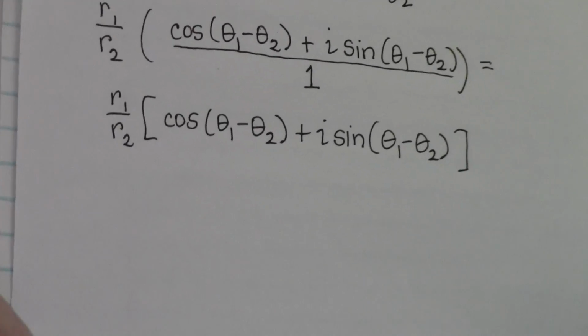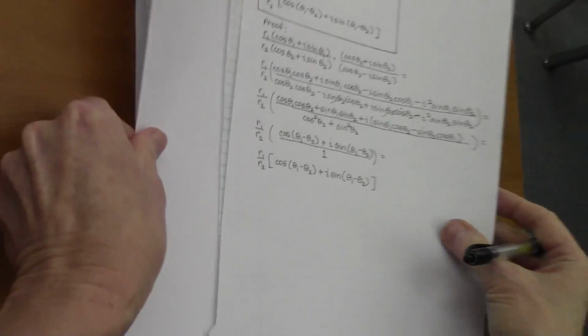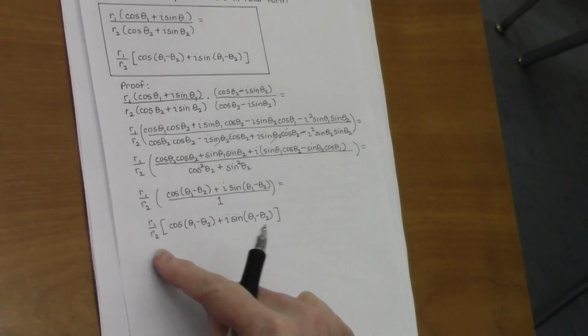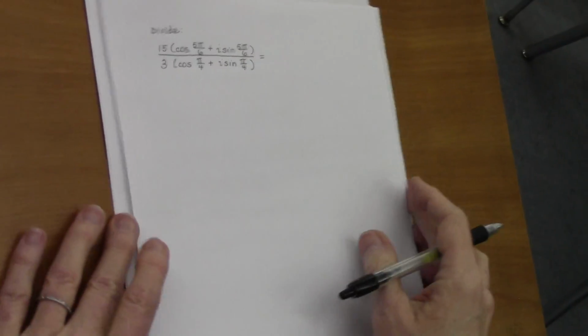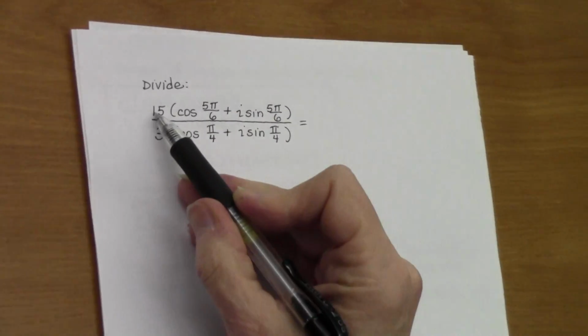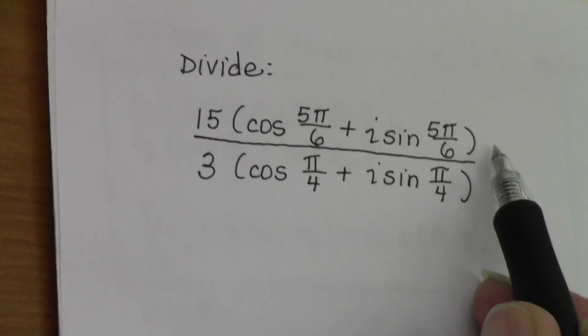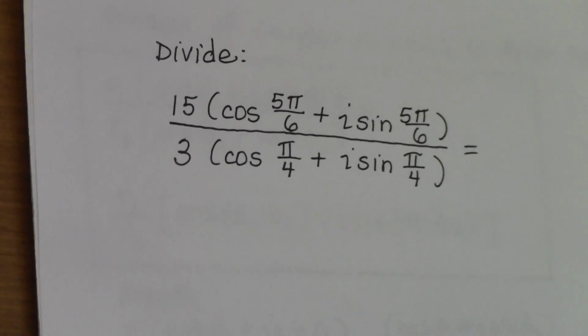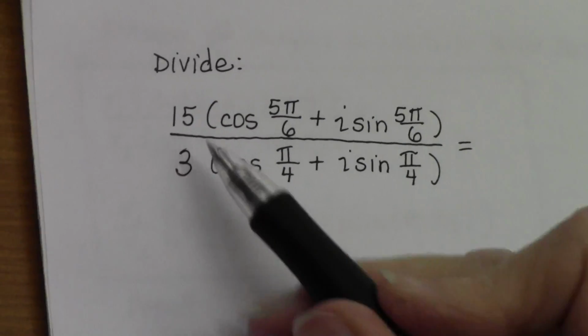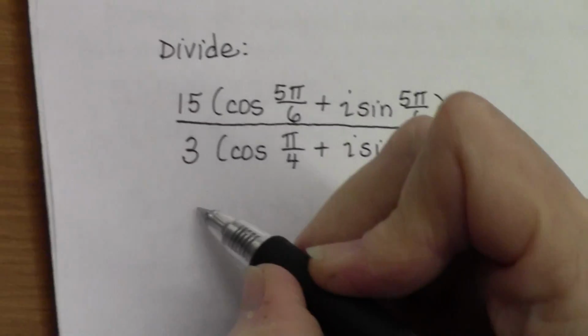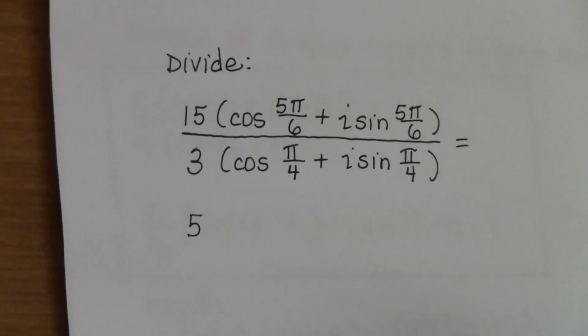So now we're going to do an example with specific numbers instead of all the general variables. And I've just picked a random complex number in polar form and another one, complex number in polar form. The first thing we do is divide the r values. So on the front end, we're going to have a 5.